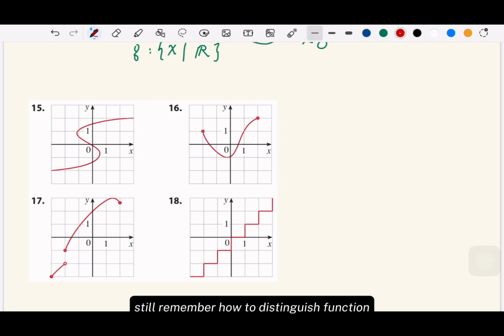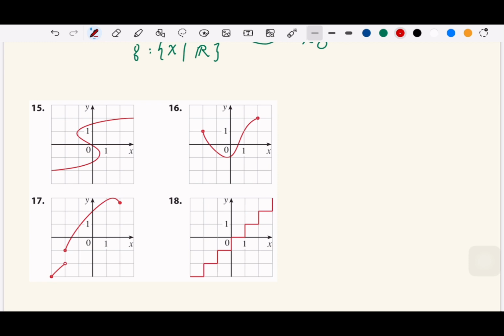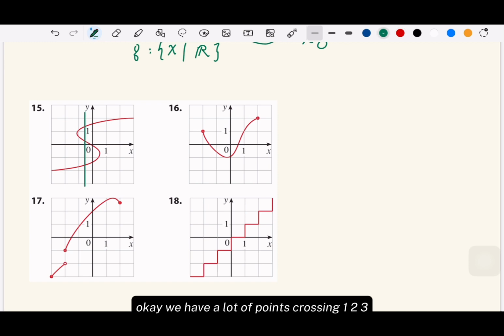You still remember how to distinguish function and not a function? Yes, take a vertical line, the easiest way. Let me choose green here. We have a lot of points crossing, 1, 2, 3, of course this is not a function, right?